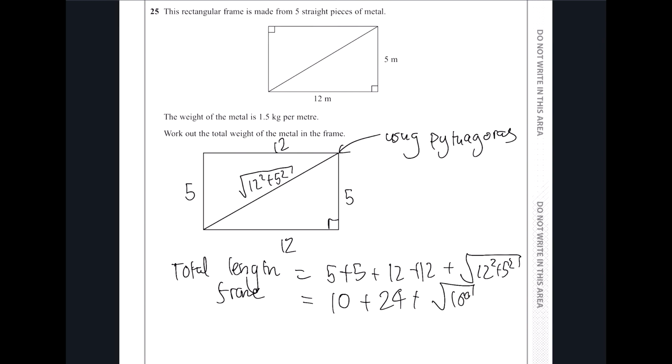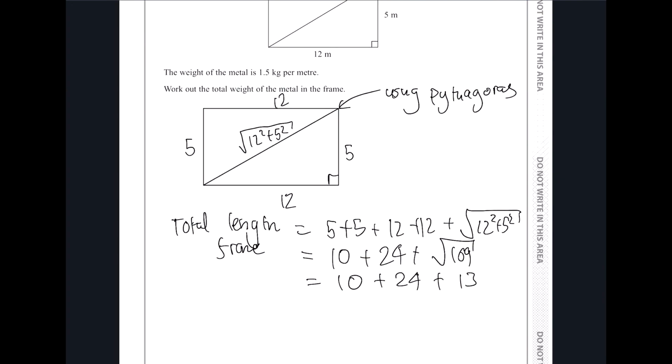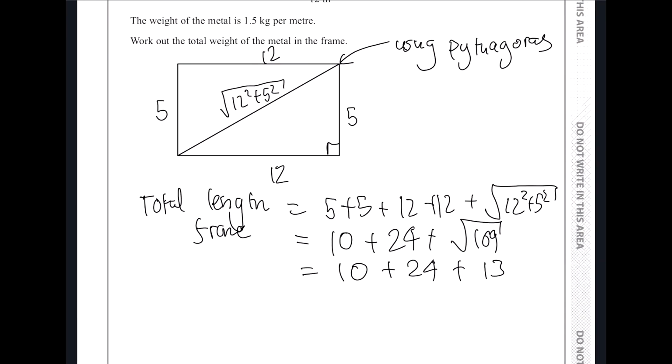And if you know from your times tables, the square root of 169 is 13. And again, when you square root, you get plus or minus. I'm just going to take the plus because we're dealing with lengths and therefore we don't need to consider the negative square root.